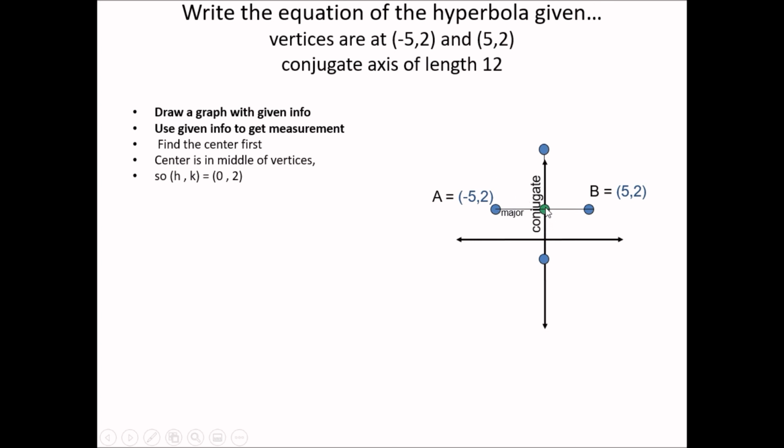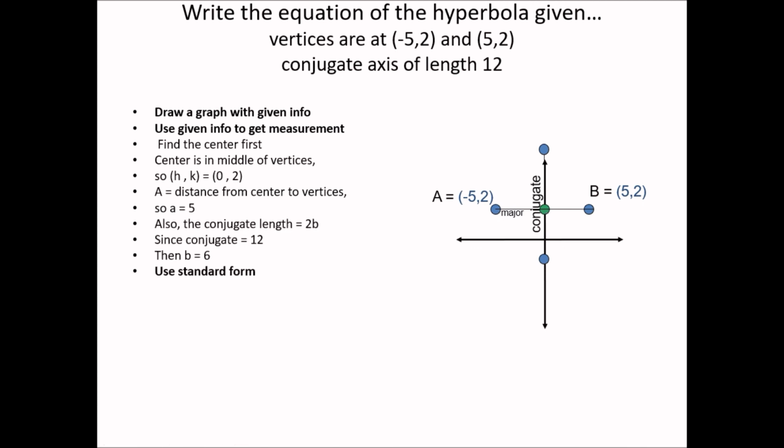And then since yung conjugate axis of length 12 is 12, meaning 2b, yung b natin is 6. So from center, count ka ng 6 pataas, 6 units pataas, and from center, 6 units pababa. Okay. Yung units natin ng A dito is 5. And yung B natin is 6. Tama?